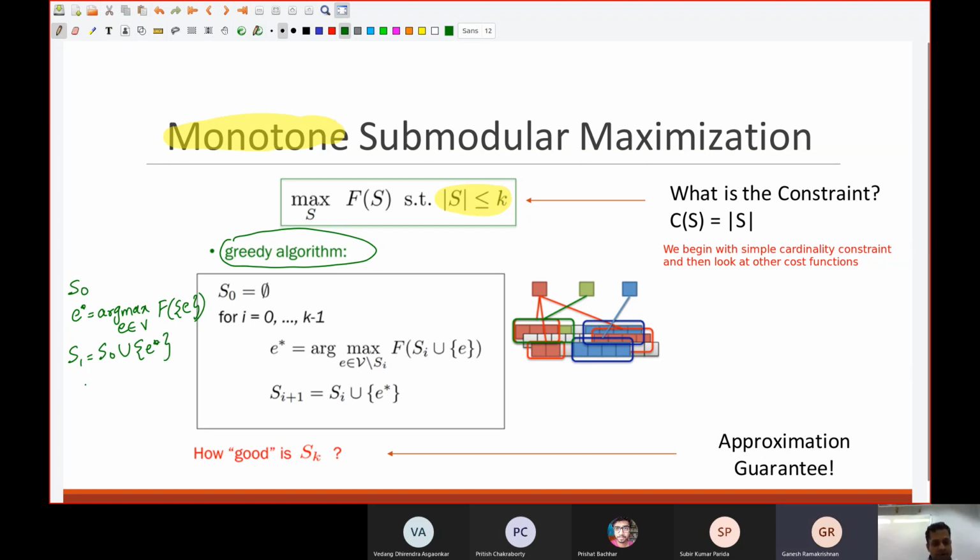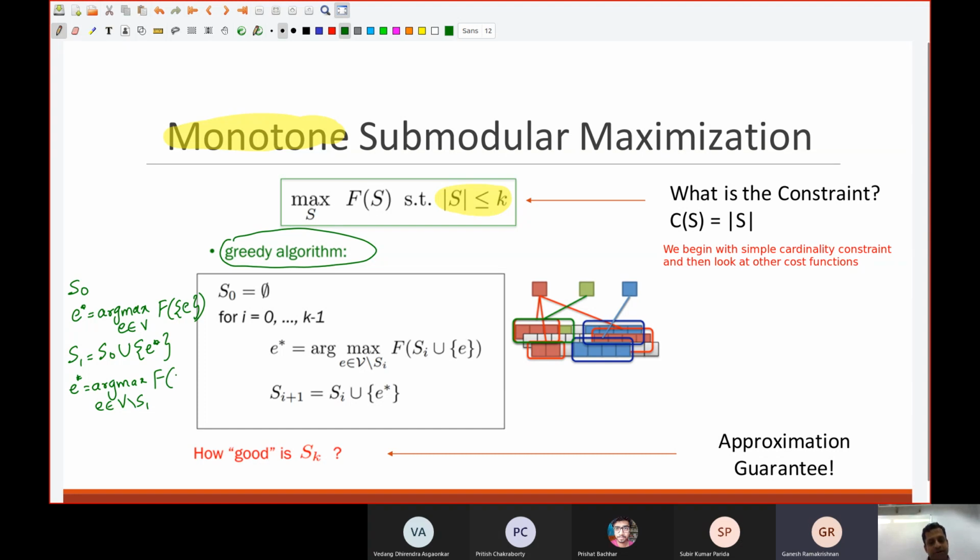And then now you'll consider the next E star, E double star, whatever. So that will be argmax over E in V minus the previous E star. So you can say V minus S1, which is just one element subtracted.